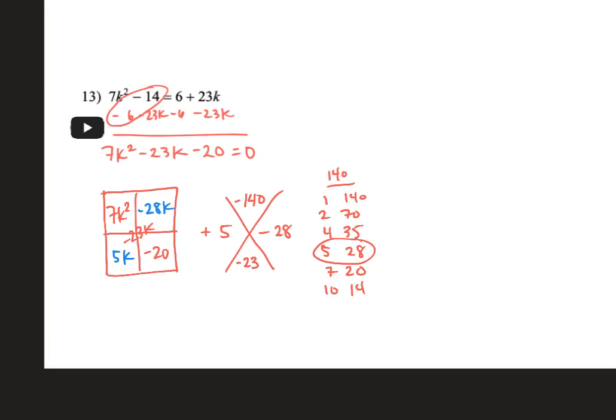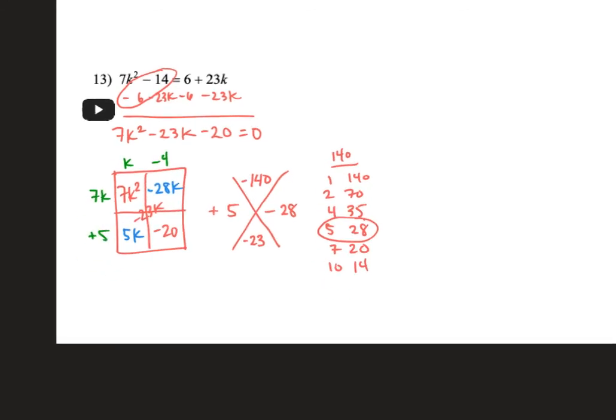Now we can get the outside. Looking at the top row, 7k squared and negative 28k, I can factor out a 7k. Working backwards, this would have to be k, this is negative 4, and this is positive 5. So now we have our factors: k minus 4 times 7k plus 5 equals 0.